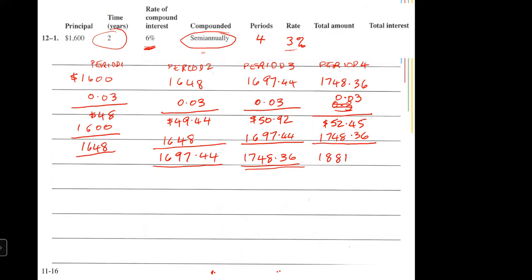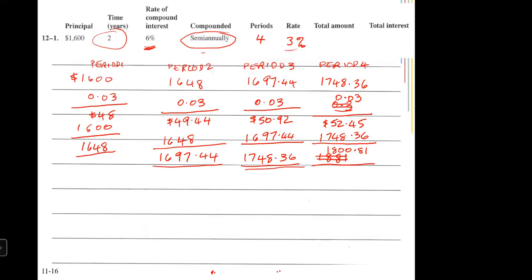I got $1,800.81. Okay. So that would be your final amount at the end of 2 years, which would be 4 periods because we are doing it twice a year.